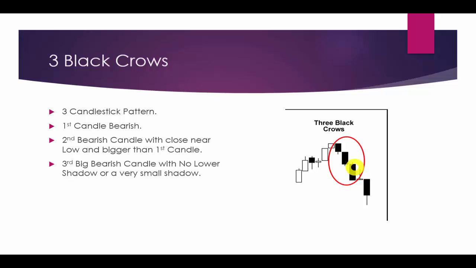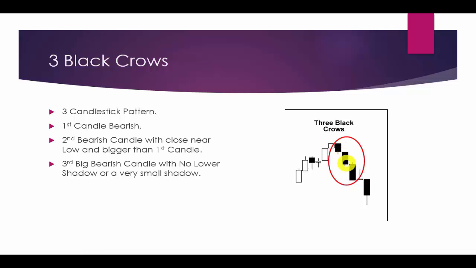Its interpretation is very easy. We were in a bullish trend, the market started an upward movement, then we got a bearish candle, another bearish candle, and a third bearish candle. It means sellers were completely dominant, pushing the market to the downside and trying their best to pull it down.